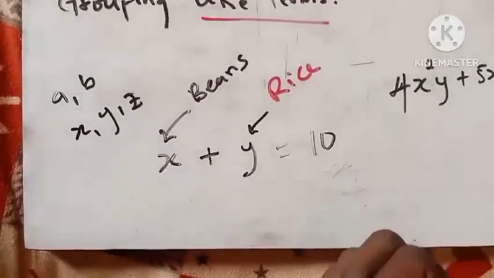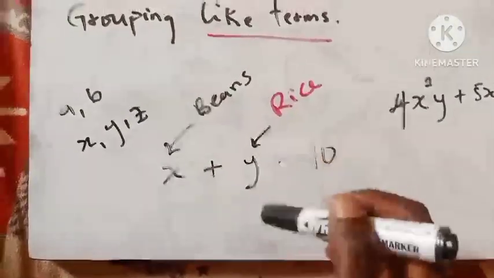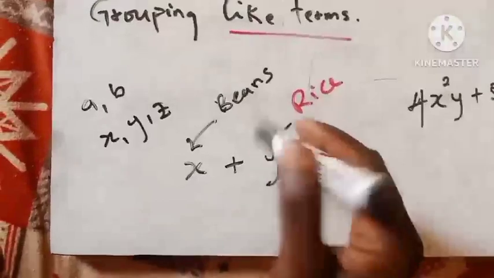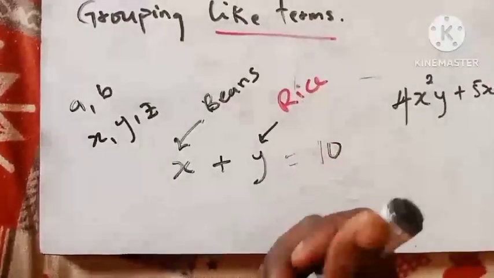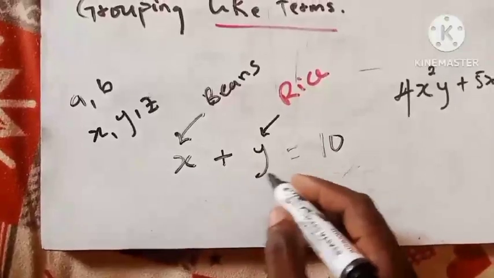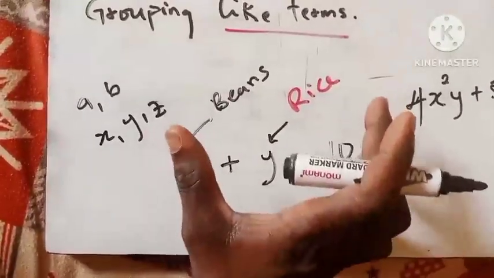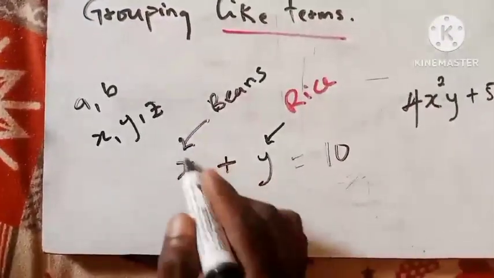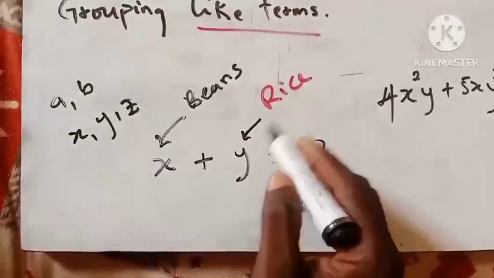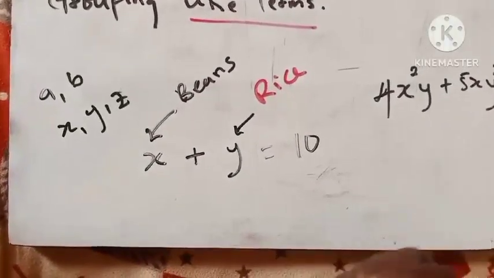So you are using a variable to represent something that we don't know. This is beans today and this is rice. What about tomorrow? That could be anything, cocoyam or yam, a Fanta, and so on. Since we cannot be specific about one item, we use a variable to represent those things. That's the simple meaning behind the algebraic expression.